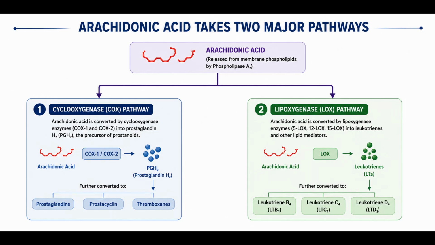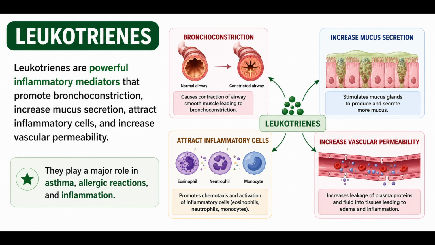While in lipooxygenase pathway, arachidonic acid is converted into leukotrienes. Leukotrienes are powerful inflammatory mediators that promote bronchoconstriction, increase mucus secretion, attract inflammatory cells, and increase vascular permeability. They play a major role in asthma, allergic reactions, and inflammation.